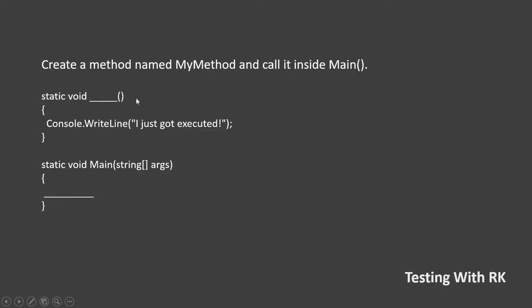What we are going to do now, just to recap everything, is answer a couple of questions to recap what we have learned. The first one is: create a method named myMethod and call it inside main. I want you to fill in the blanks. Pause the video, write your answer, and when you're ready, play it again.